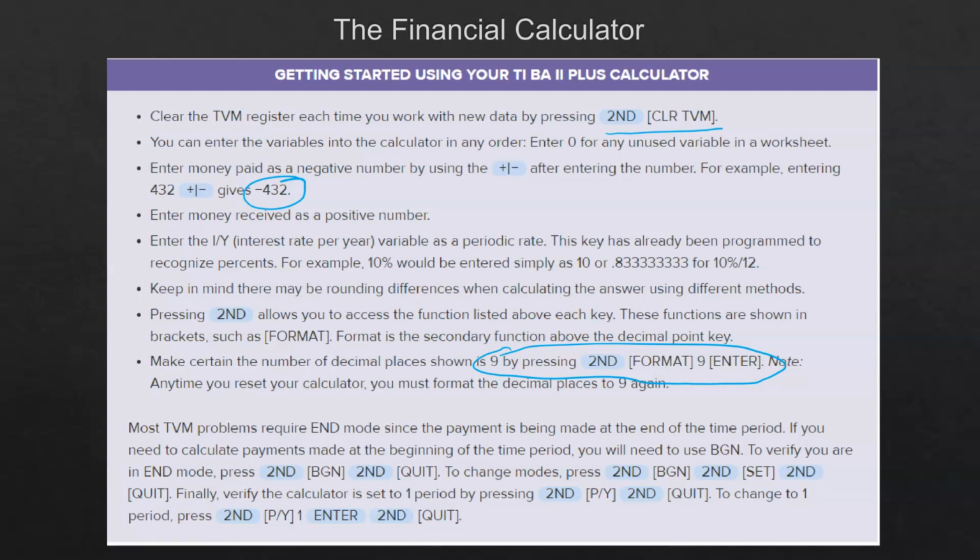And then, let's see, there's other rounding differences. Sometimes, this book uses calculations with a big formula. We are not using the formula. We're going to use the financial calculator, but there are different calculations that will be off a little bit if you use the formula versus the financial calculator.